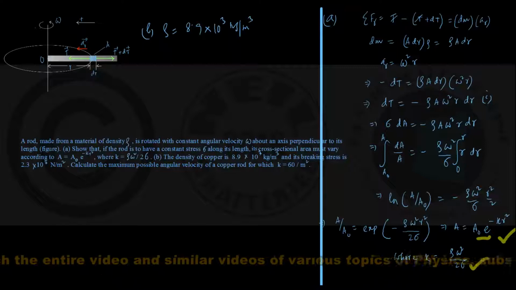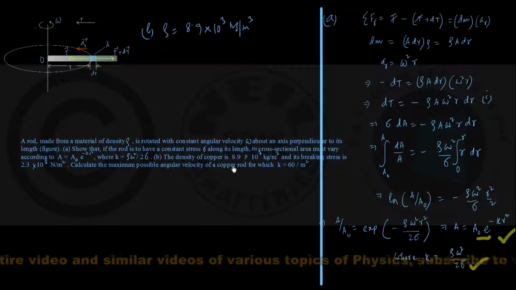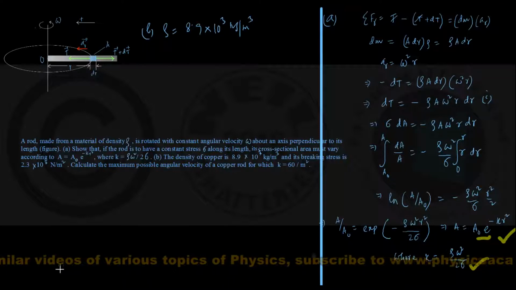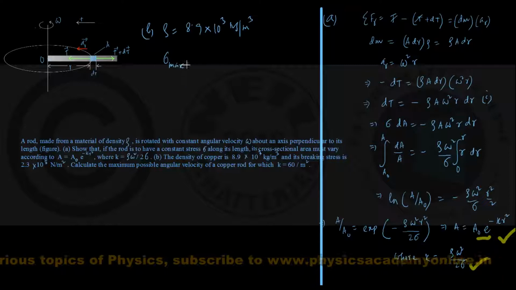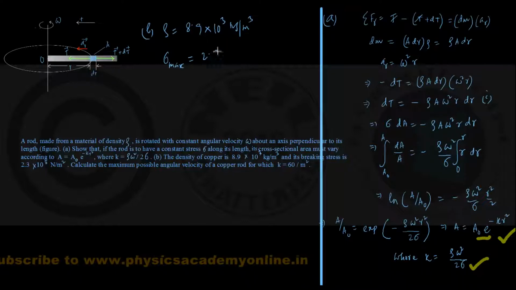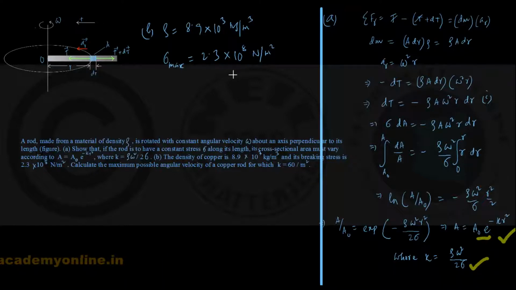Breaking stress, that is the maximum stress that a copper rod can sustain. So the symbol for that would be sigma max, isn't it? This is the maximum value of stress permissible in a rod of copper. That is given to be 2.3 into 10 to the power 8 Newton per meter square.